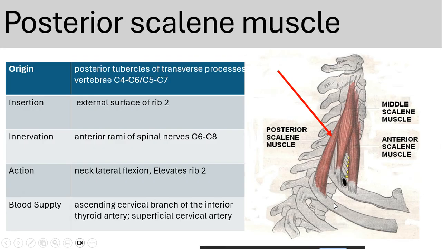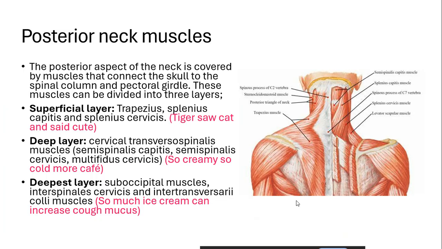The reason it's posterior and rib 2 is because it's on the posterior side, as you can see with all the processes. Innervation: anterior rami of spinal nerves C6 to C8. Action: neck lateral flexion, elevates rib 2. Blood supply: ascending cervical branch of the inferior thyroid artery, superficial cervical artery.